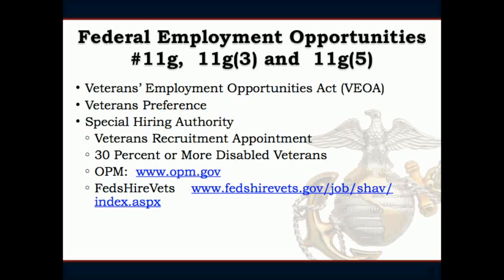However, a veteran may be given a non-competitive temporary or term appointment based on VRA eligibility. If you are 30% or more disabled, you may be given a temporary or term position for which you are qualified. Unlike VRA, however, there is no grade limitation. If you then have a satisfactory performance, you may be converted at any time to a career conditional appointment.